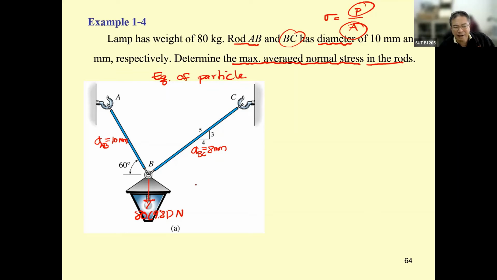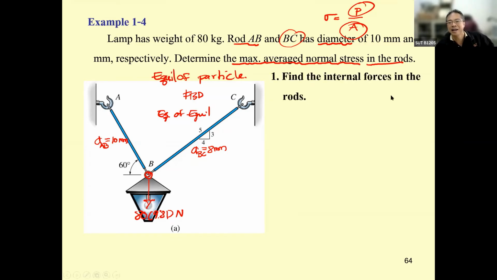By doing this, we consider B as the particle. We will draw the free body diagram of this one. Then we use the equations of equilibrium.